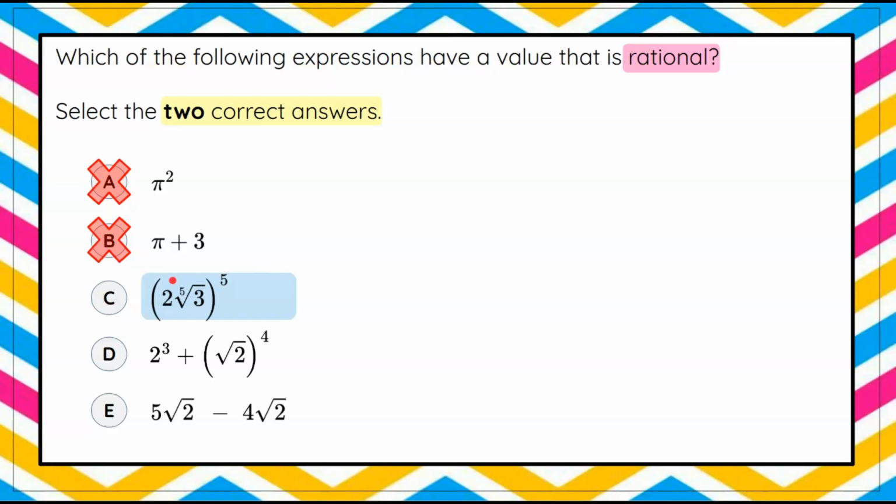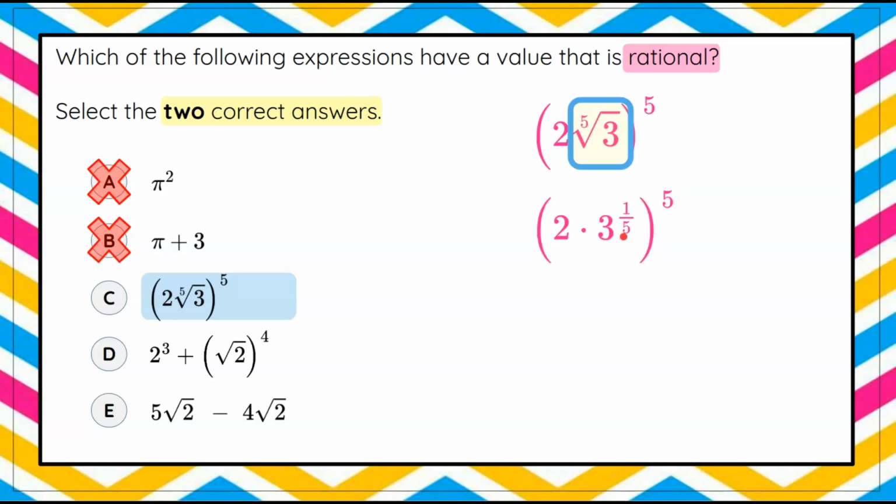We're going to have to do some work here to identify whether or not this is a rational number. When I look at this, the first thing I want to do is evaluate or write this in simpler terms. This is just one approach. This is how I would do it. I'm going to rewrite this with a fractional exponent. So the 5th root of 3 can also be written as 3 with an exponent of 1 over 5.